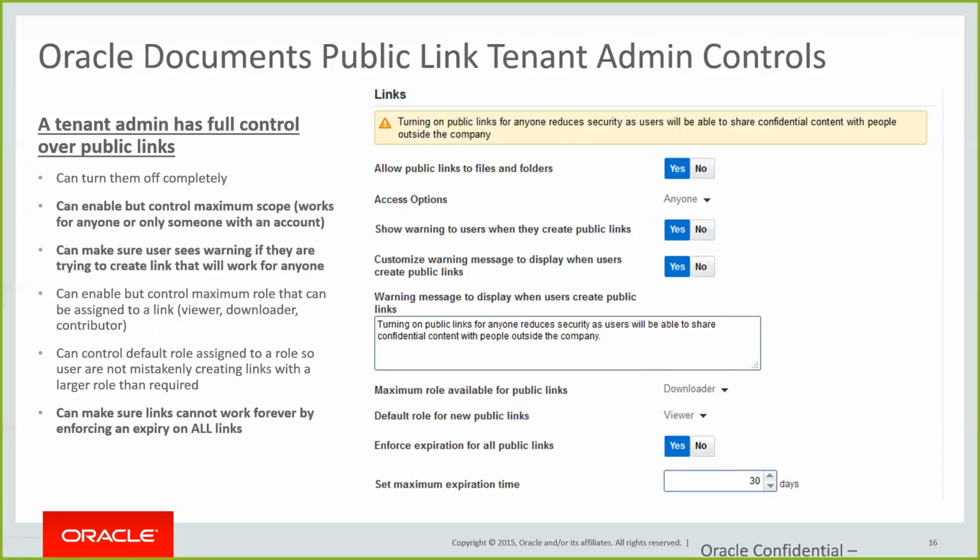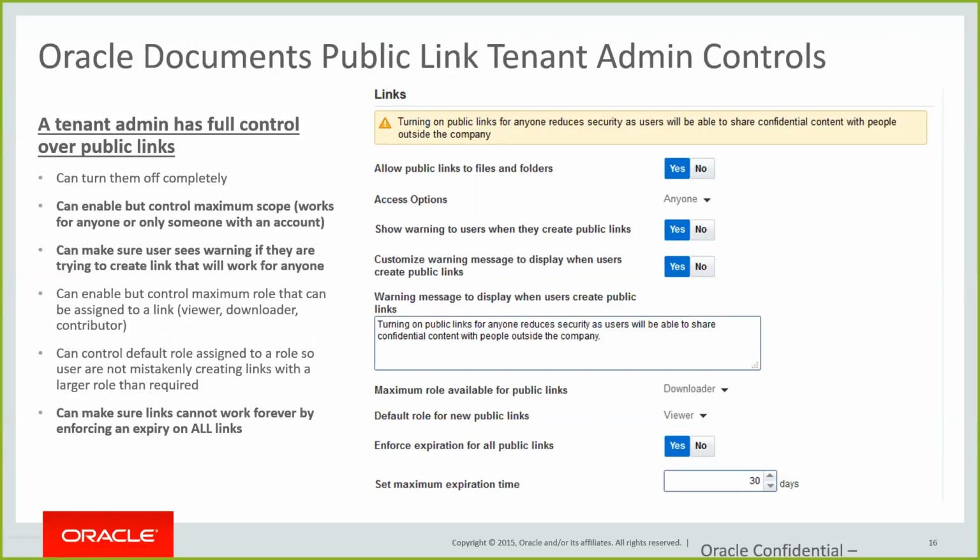As you probably know, public links were considered by many administrators as, how shall I call it, a security violation. Allowing users to create public links was weakening the security of the system. So now the administrators have the possibility to disable completely the public links for files and folders.